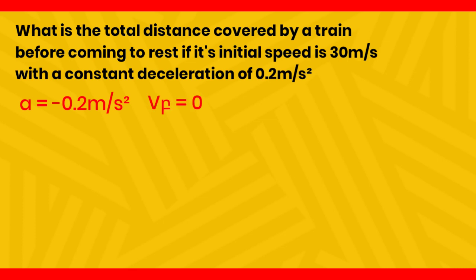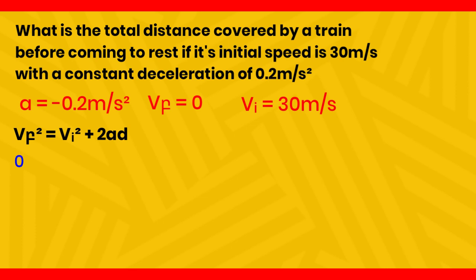V final equals 0. V initial equals 30 meter per second. So to find the distance, we need an equation that contains these values and also contains d. This is the suitable equation to solve this problem.